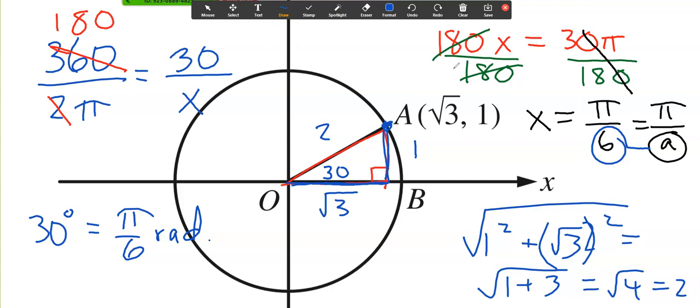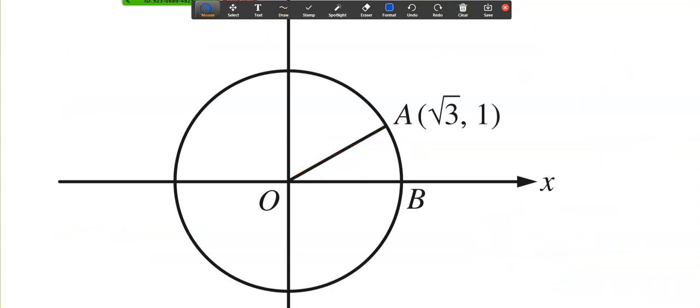If you knew it was pi over 6, obviously you would have said the answer was 6. Otherwise, we have to do that little cross multiplying thing, and we don't have a calculator, so we have to reduce it on our own.